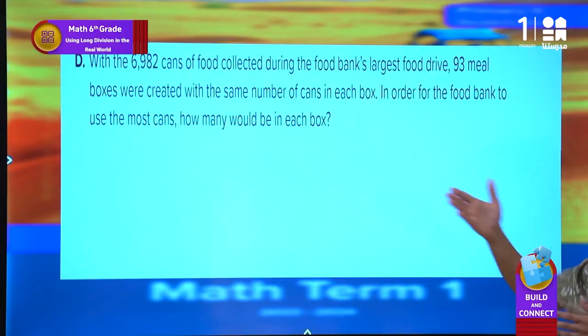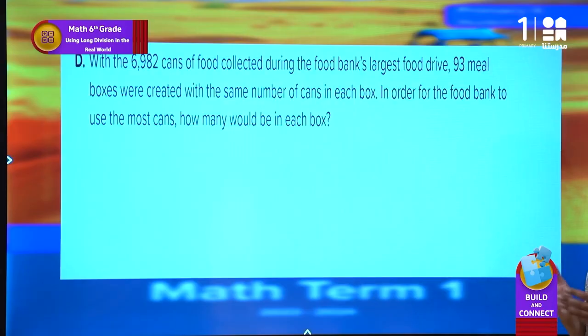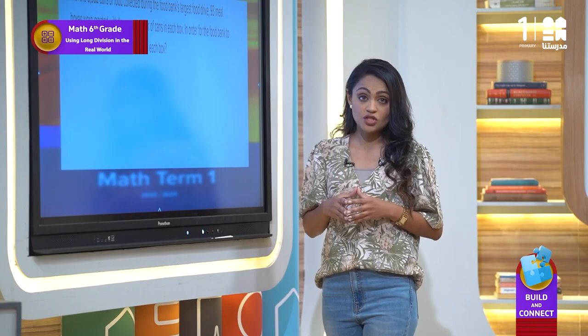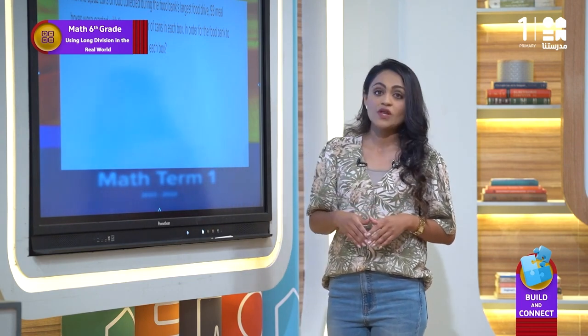So, how many would be in each box? What do you think we should do here? We need the number of cans in a box. So, this means that we need to find the number of elements for each group, which is the meaning of division. So, we will use division in this problem.